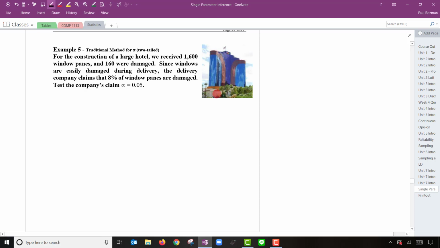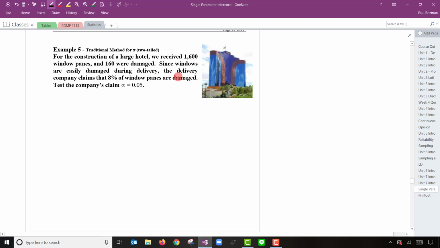So here's a little example. We're constructing a large hotel, and we received 1,600 window panes. Of those, 160 were damaged. This is not that unusual because the hotel is being built out in the middle of nowhere, and windows can easily be damaged in delivery.